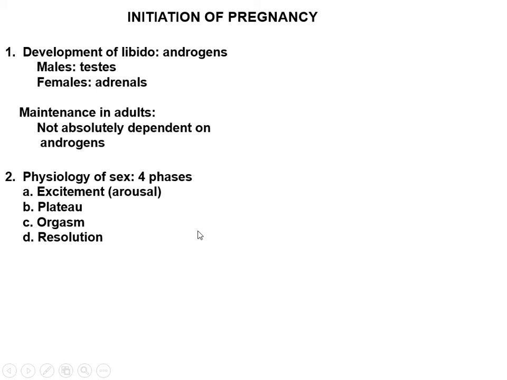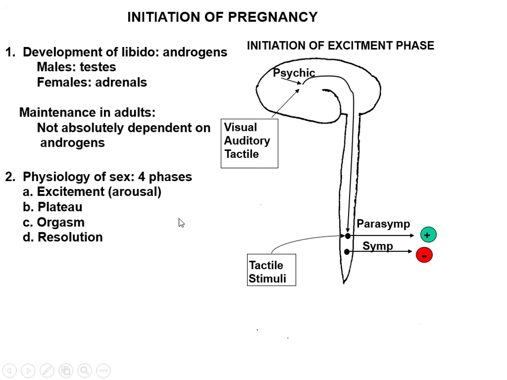Now, if we start with excitement, arousal, this can be initiated by a number of different types of stimuli. They can be visual, auditory, tactile, or even psychogenic. But regardless of what initiates the process, the primary effect is to increase parasympathetic outflow to the genitals. This causes vasodilation, which starts the whole process.